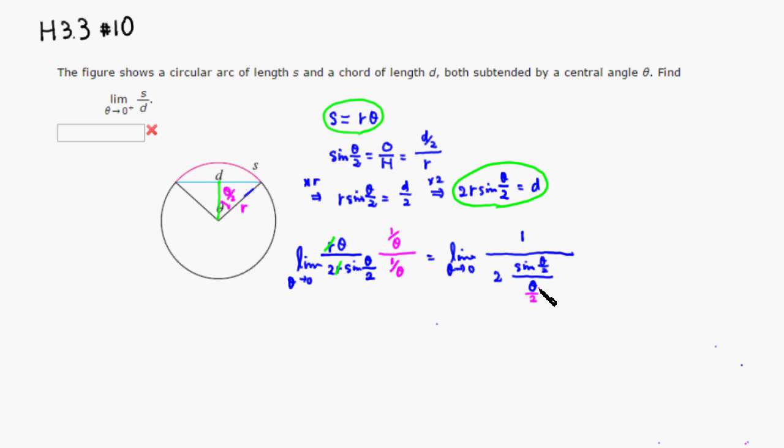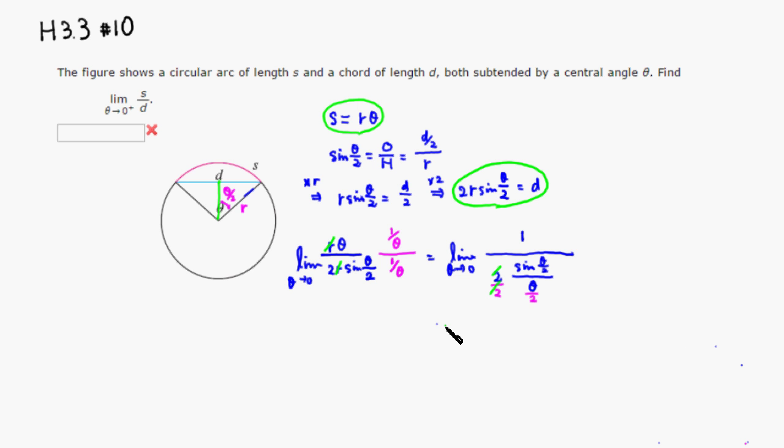If you divide the denominator by 2, we have to divide the numerator by 2 as well, so you have a 2 divided by 2 here. This way we're not changing anything, but the good thing is we can cancel those 2's.